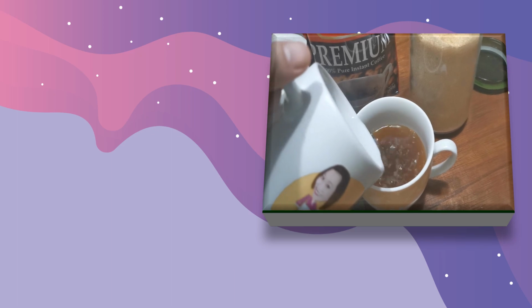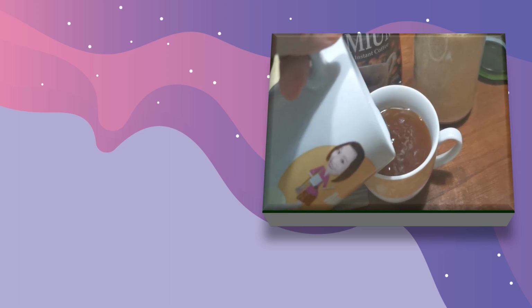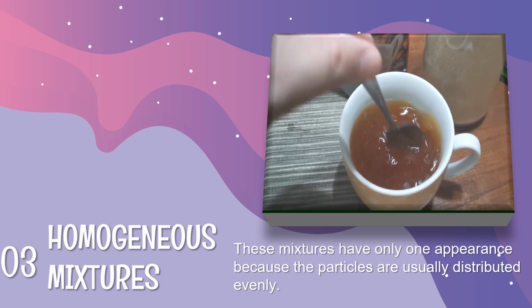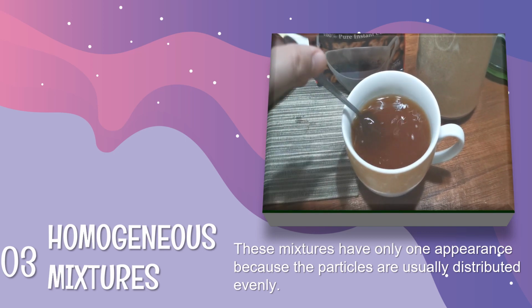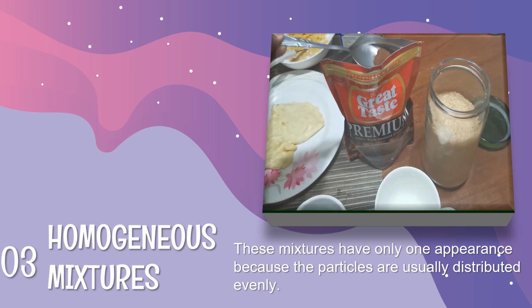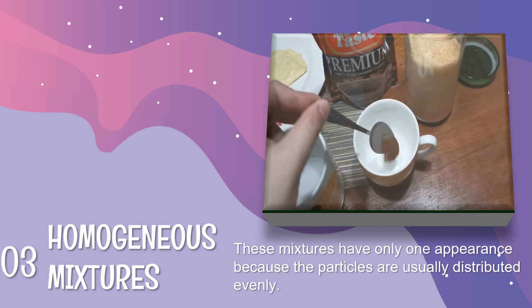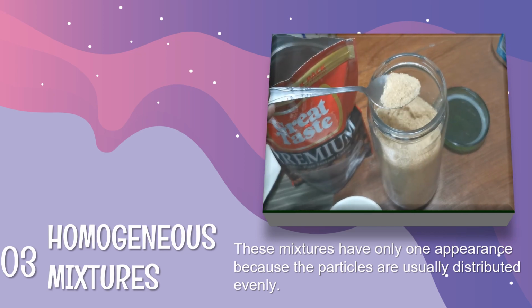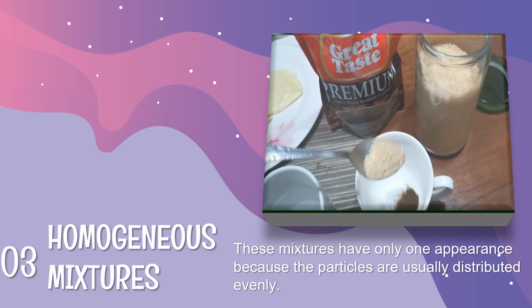Do you think we could still see the solid particles? Now, it all looks just the same. This is an example of a homogeneous mixture. This mixture has only one appearance because the particles are usually distributed evenly.